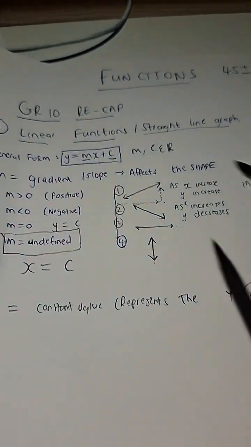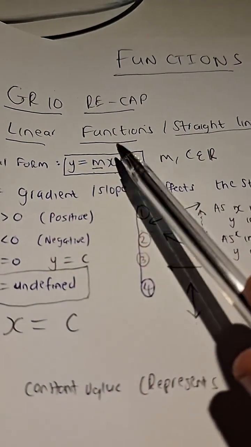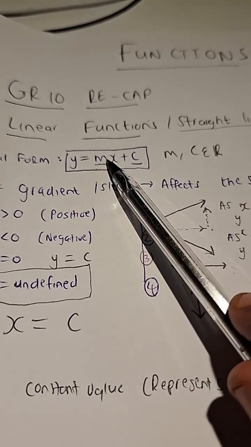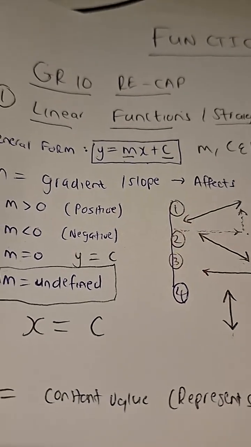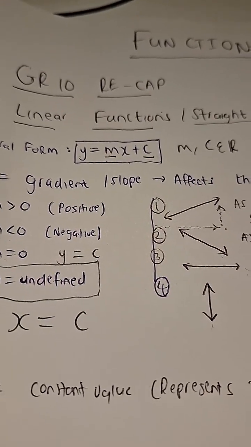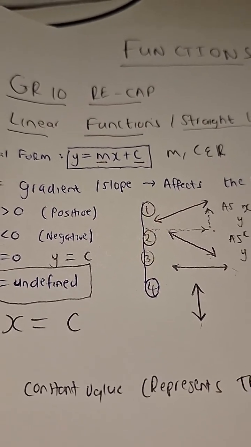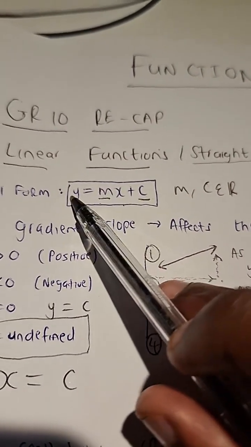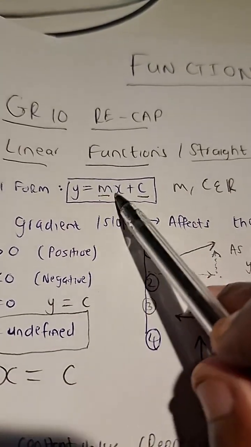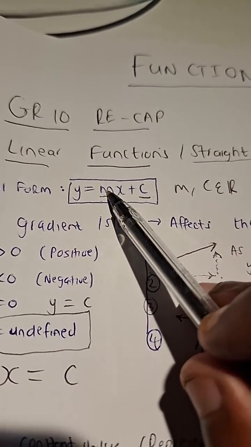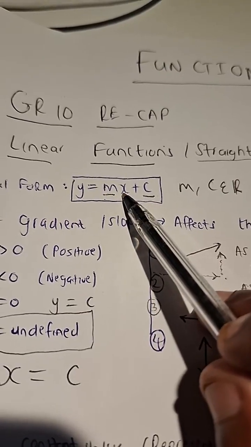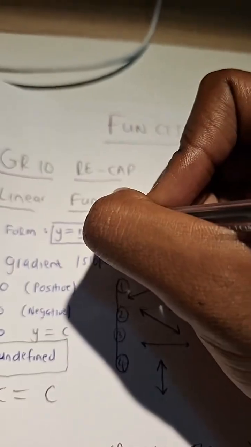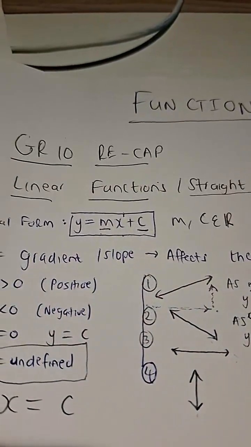So I hope, guys, we can now see that if I'm ever given a straight line function, y is equal to mx plus c represents a linear function. How do we become convinced that it is linear indeed? It's because the linear function, in its standard form, has a coefficient, which represents the gradient. It has x, which is a variable, and that variable has the exponent 1.